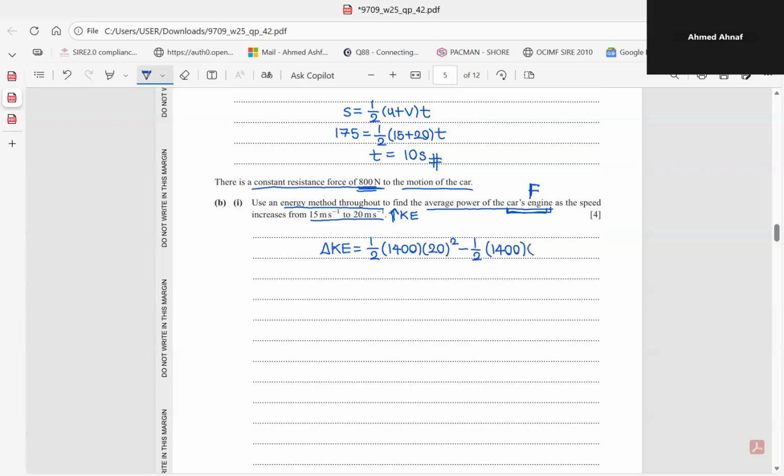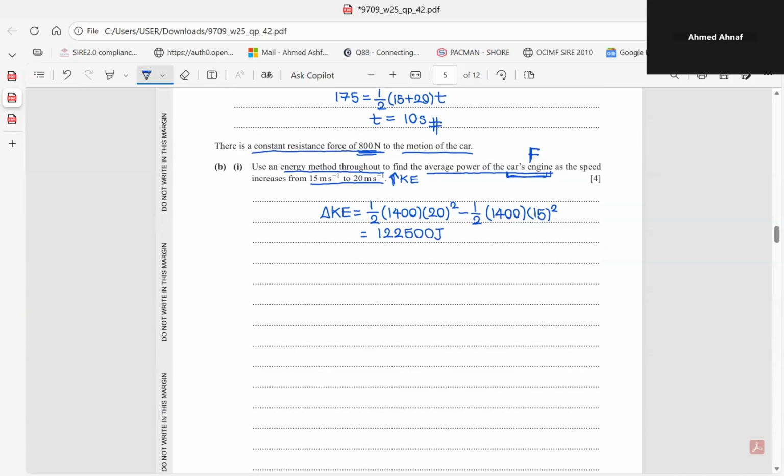This is called the work-energy principle, or conservation of energy. So the change is 122,500 joules.